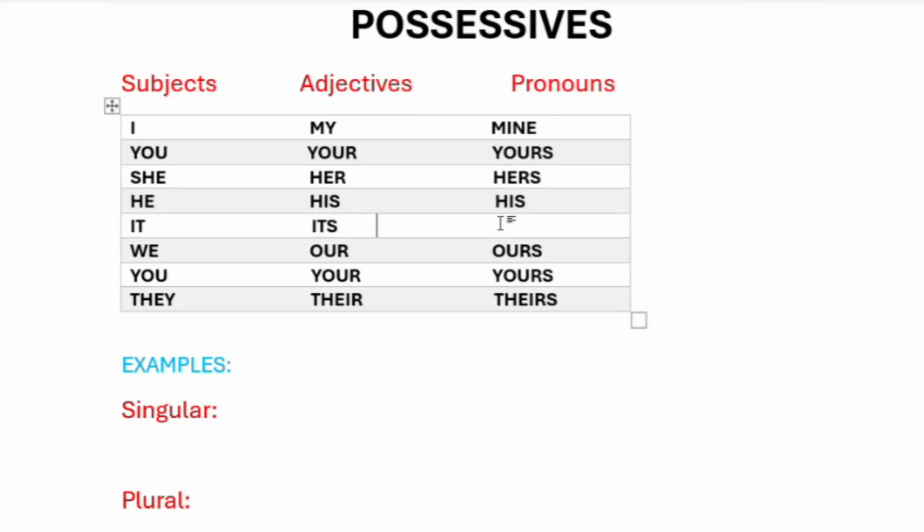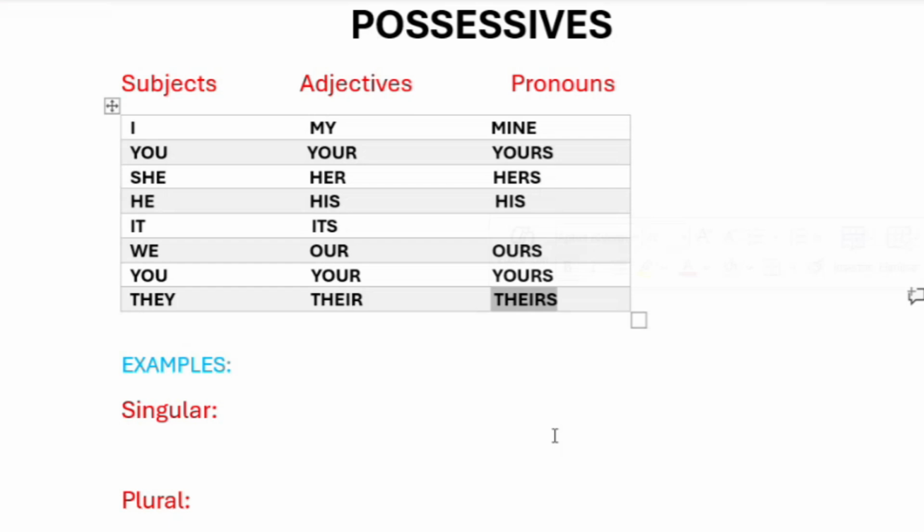So it's without anything here. Ours, something belongs to us. Well, yours that I explained to you, this is in plural and this is in a singular form. And finally we have theirs with the s. Theirs, something belongs to them, a group of people.